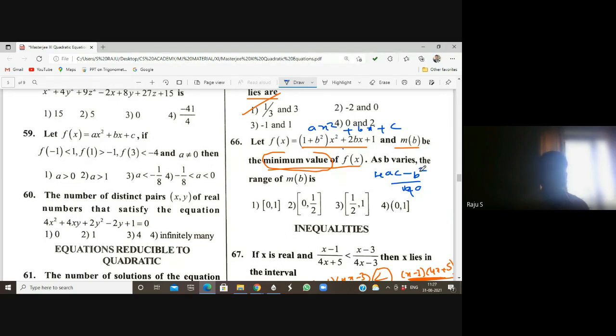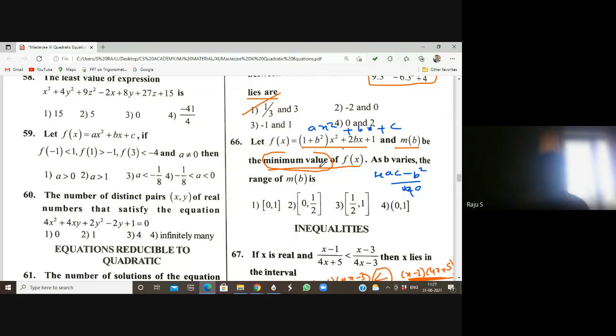That will be the minimum value. But after finding the minimum value, b varies, and the range of m of b is the question. All of you first find the m of b value, that is the minimum of b.